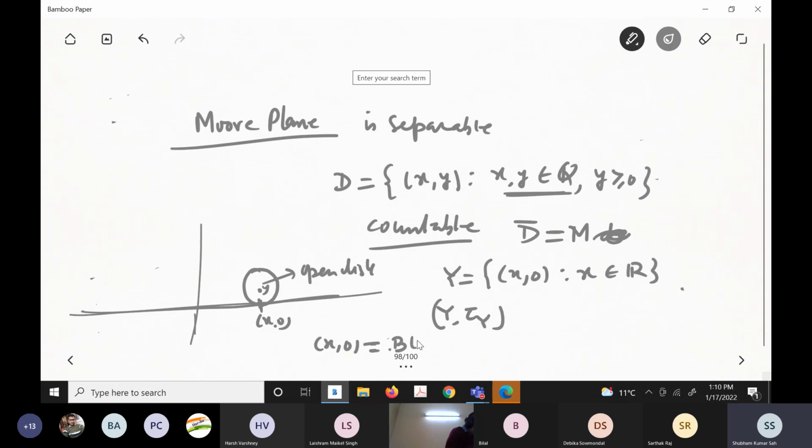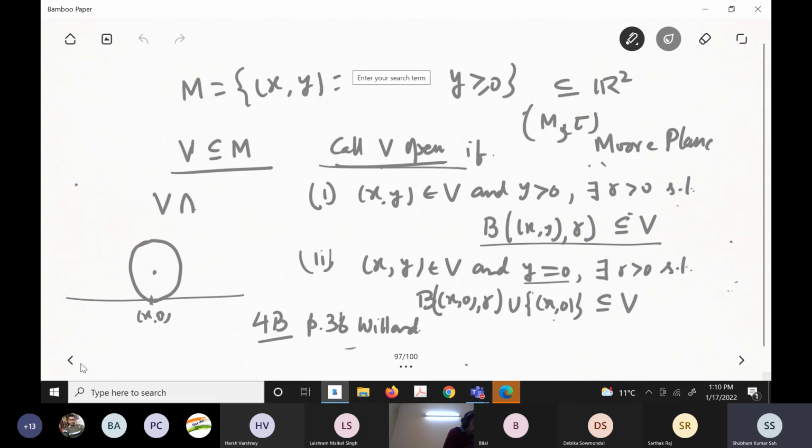This should be B of R, union x0, intersection x-axis Y is this. But this is open. Let me check what I have written there. This is a point, a different point. This should not be x0. What point should this be? This should be x here, 0. So it should be some xy.